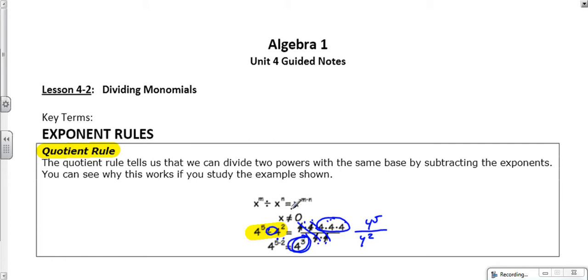So again, in the shortcut version with letters here, if you have x to the m divided by x to the n, or if I write it this way, x to the m over x to the n, you would take the top power and minus the bottom one. Now, subtraction order matters, so you have to make sure you take the top one, in this case the exponent of m, minus the bottom power, which again in this case is n.